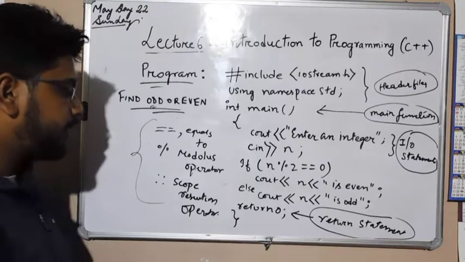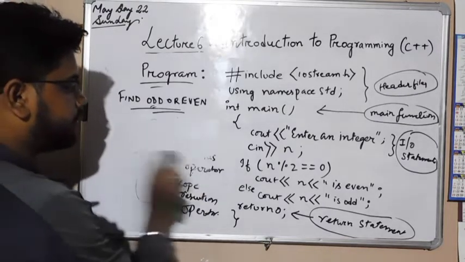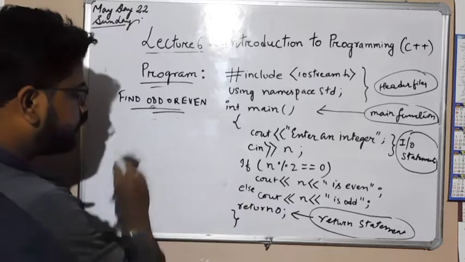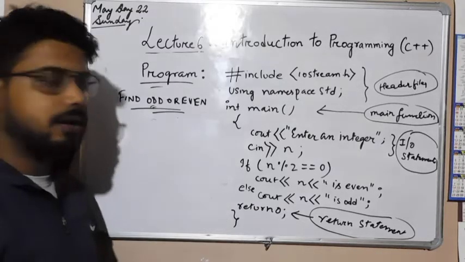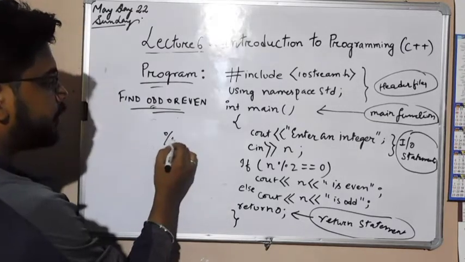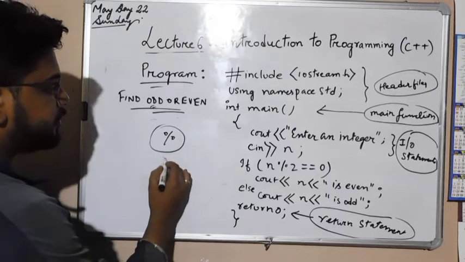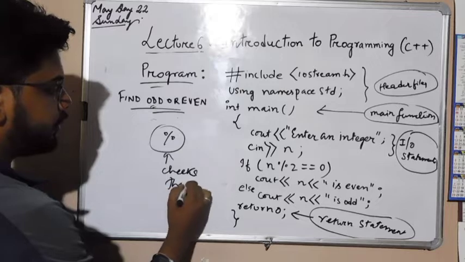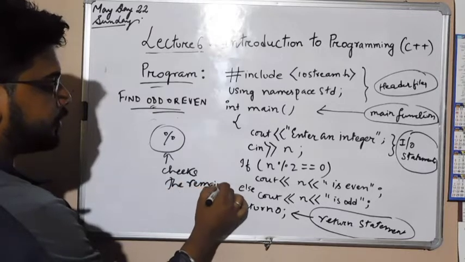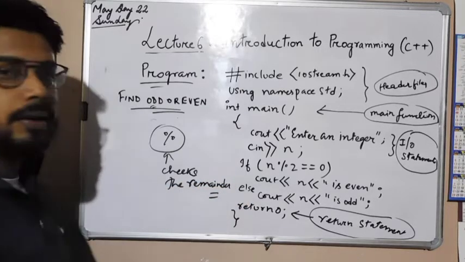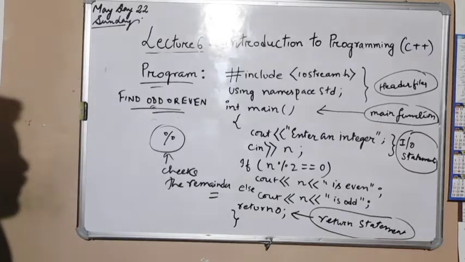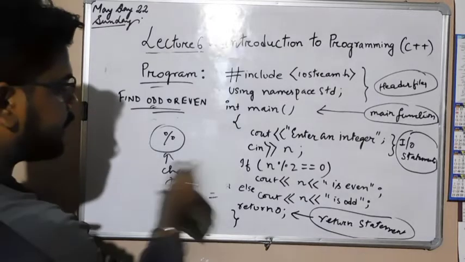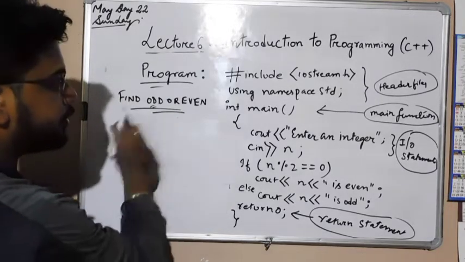Now, how do we make use of such an operator? There is an operator known as the modulus operator. What it does is that it checks for the remainder. So in my condition, what will I put?